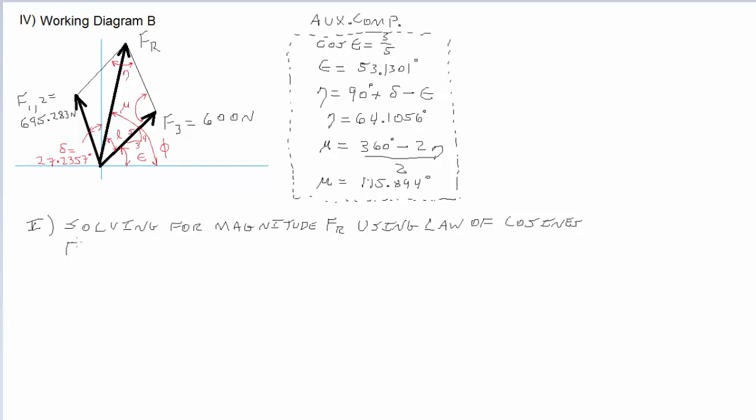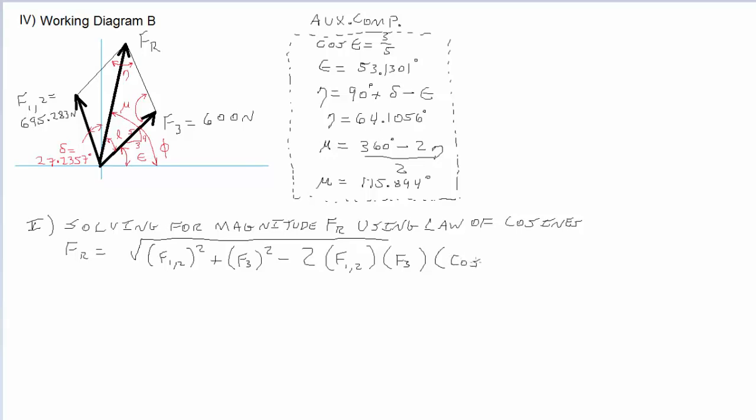So now FR equals the square root of F1,2 squared plus F3 squared minus 2 times F1,2 times F3 times the cosine of the angle opposite to FR.